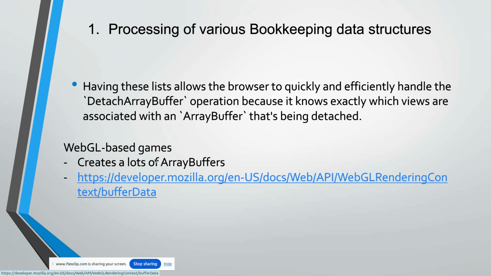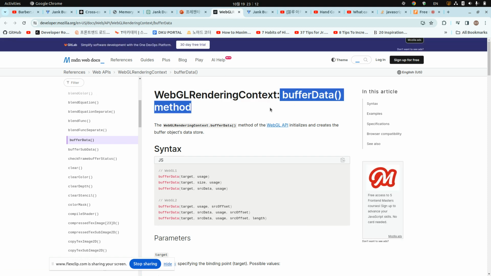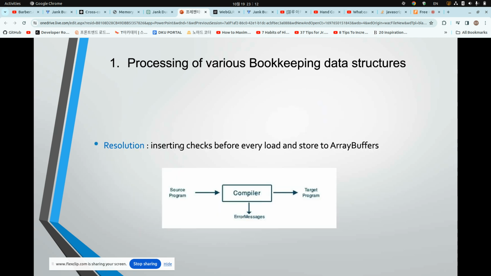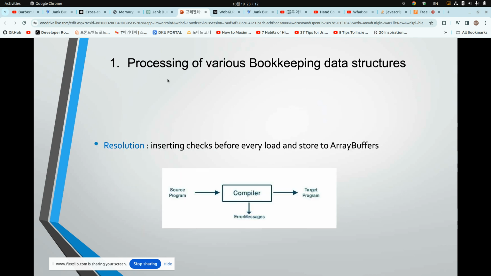If there are a lot of views and a lot of array buffers, this can cause a lot of garbage collection, and if the garbage collection is long, that could be the cause of the jank. For example, on a WebGL rendering context, when you use the bufferData method, that could cause some jank. So this is the problem, but I talk about this before diving into what jank is.